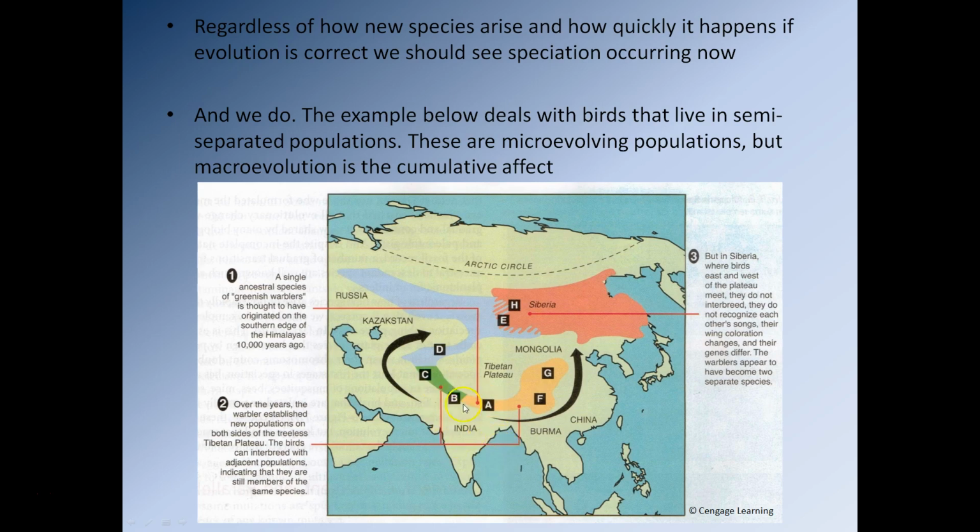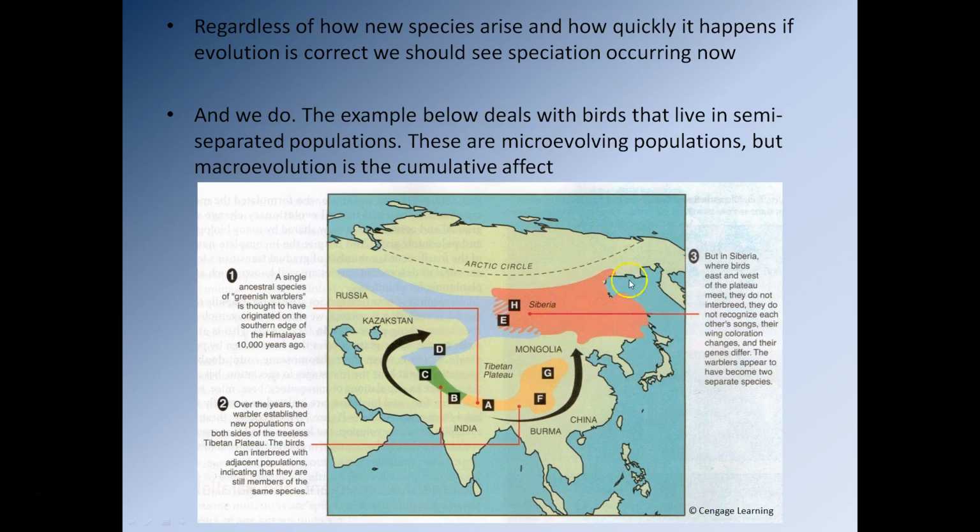So as we move both eastwards and westwards, the species that appear become more and more different compared to the original parent species. As we move this way, A can breed with F, F can breed with G, and this way B can breed with C, C can breed with D, until eventually we make it all the way around the Tibetan Plateau.